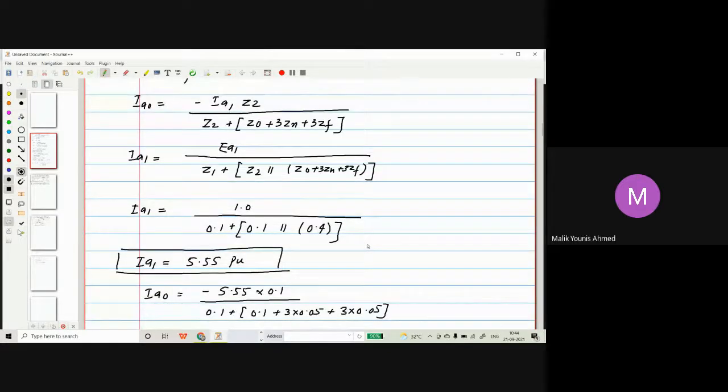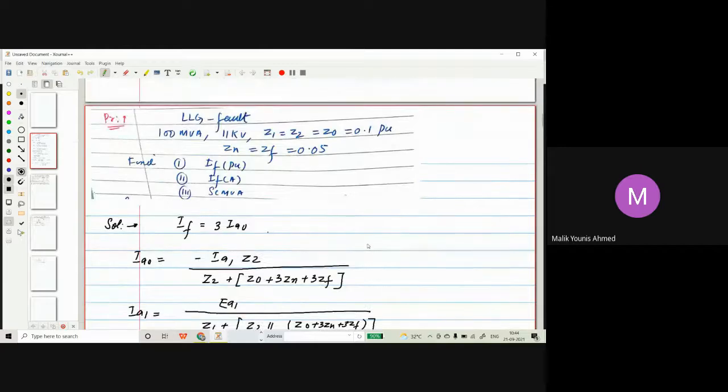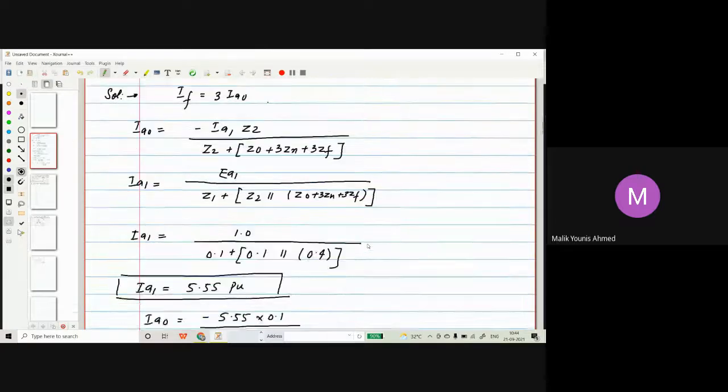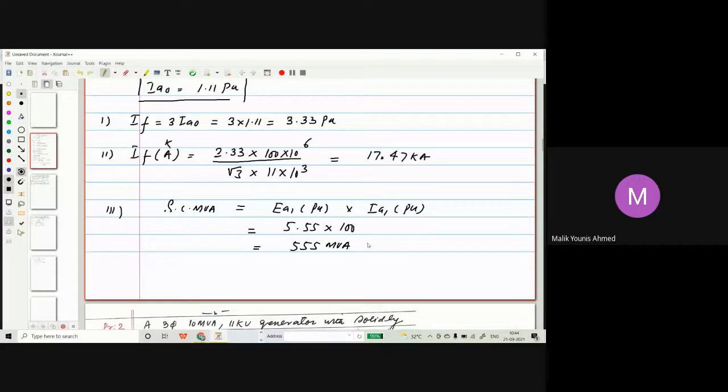Just a second. Short circuit MVA is EA1 in per unit multiplied by IA1, which is 5.5. This is one of the formulas. If you know IA1 and the MVA value, the base value, 100 MVA, multiplied by the current, you get this value.